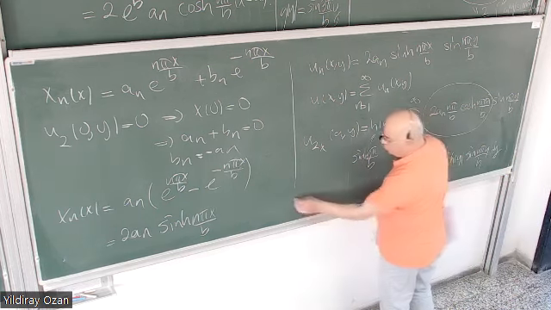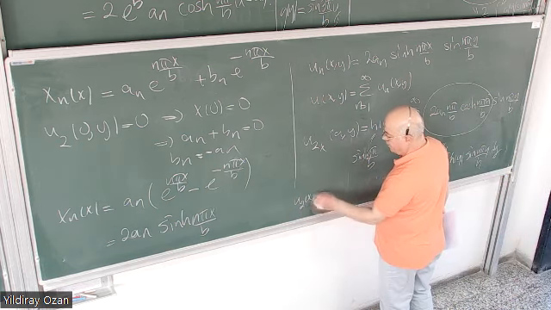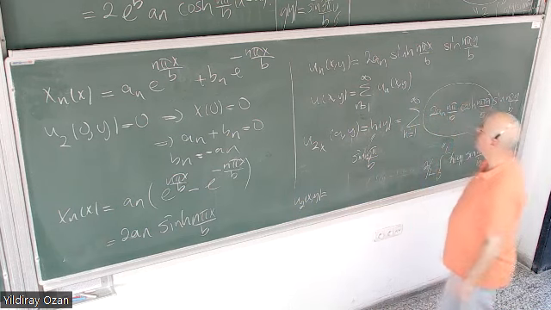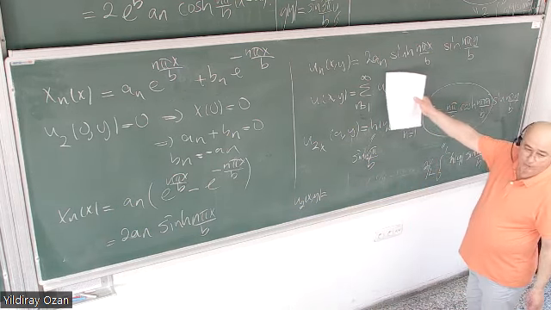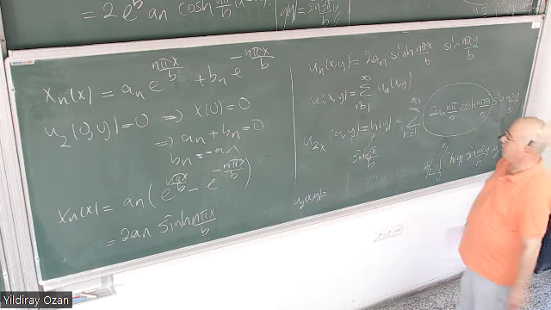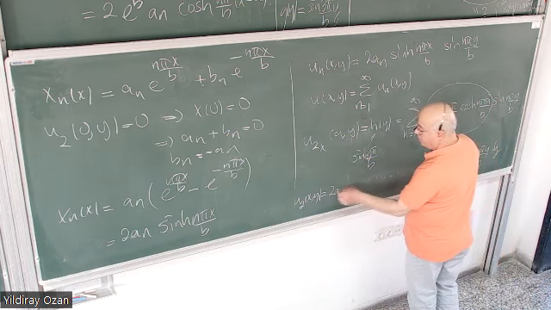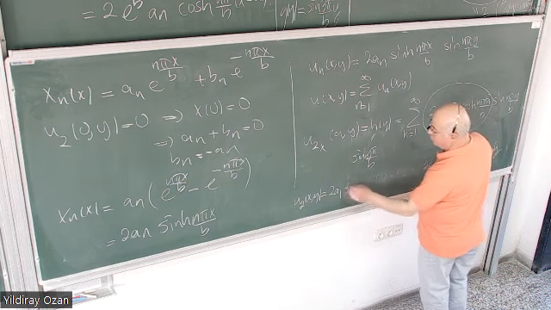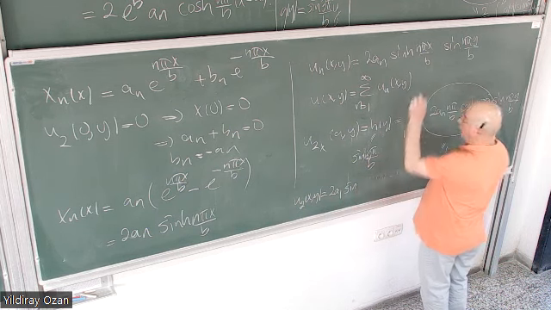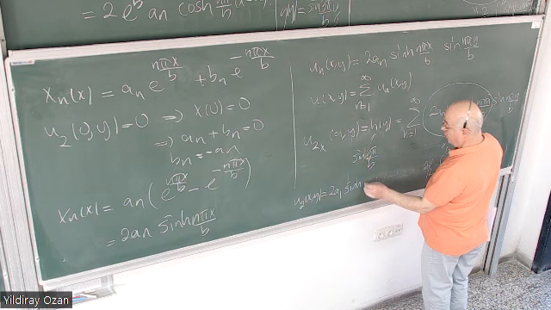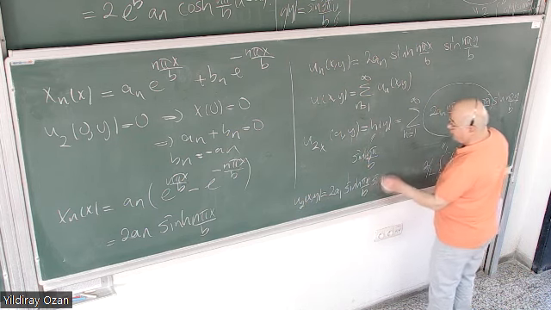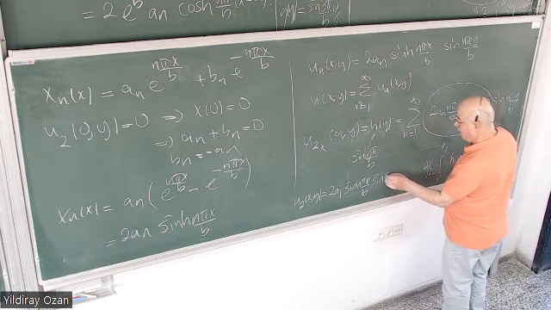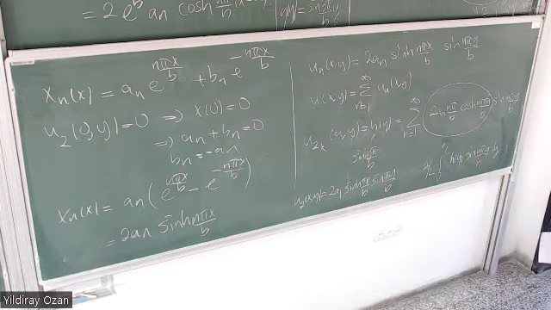So U2 would be just a_1: 2 a_1 sine hyperbolic pi x over b sine pi y over b.